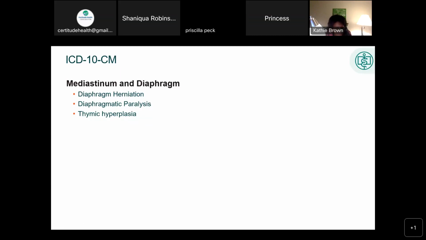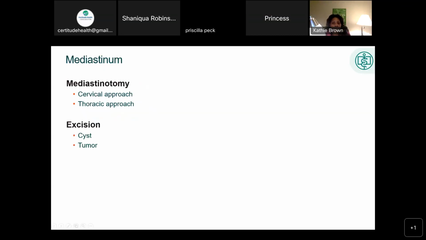A portion of the stomach or a portion of the heart or stomach could penetrate through the diaphragm depending on the angle that it goes. So it could be detrimental or cause a lot of issues for someone that has that condition. So this is the ICD-10-CM section for the mediastinum and diaphragm. And it's not long because it's not a large section.